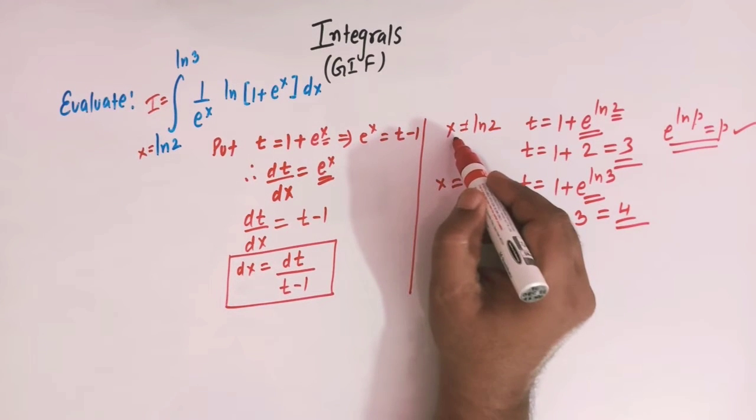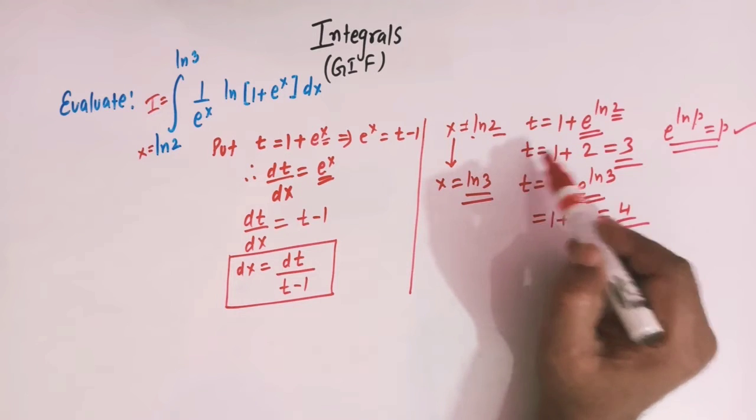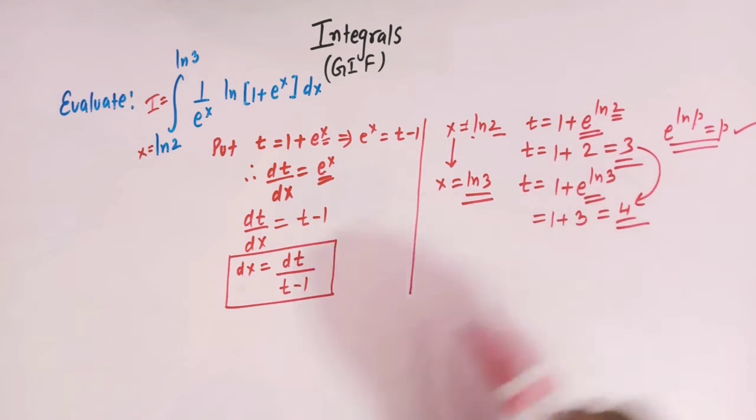So when x varies from ln 2 to ln 3, t varies from 3 to 4.